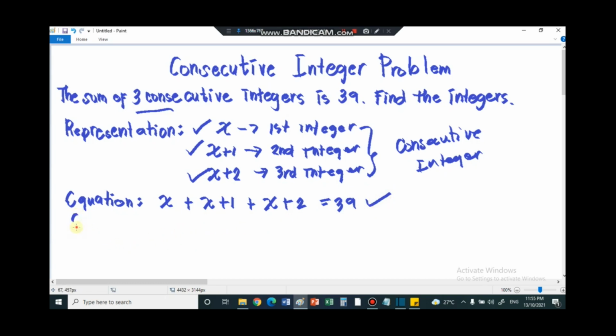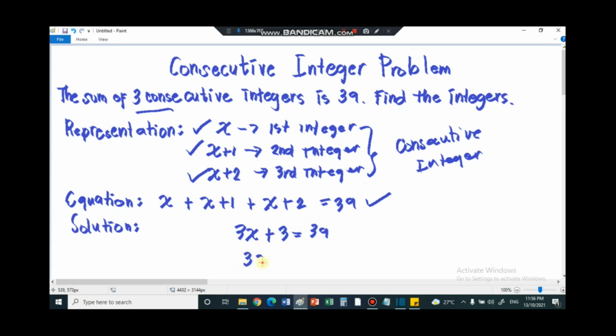Let's have the solution. For the solution, we simply solve the value of x. So combine like terms. We have variable terms and a constant term here. So the variable is x. So you will have 3x. The constant term, 1 plus 2, that is also 3, equals 39.